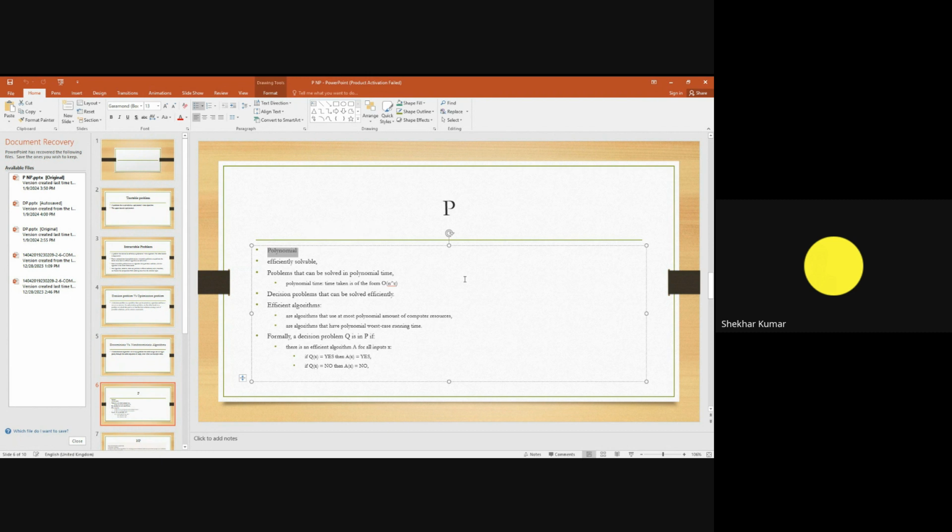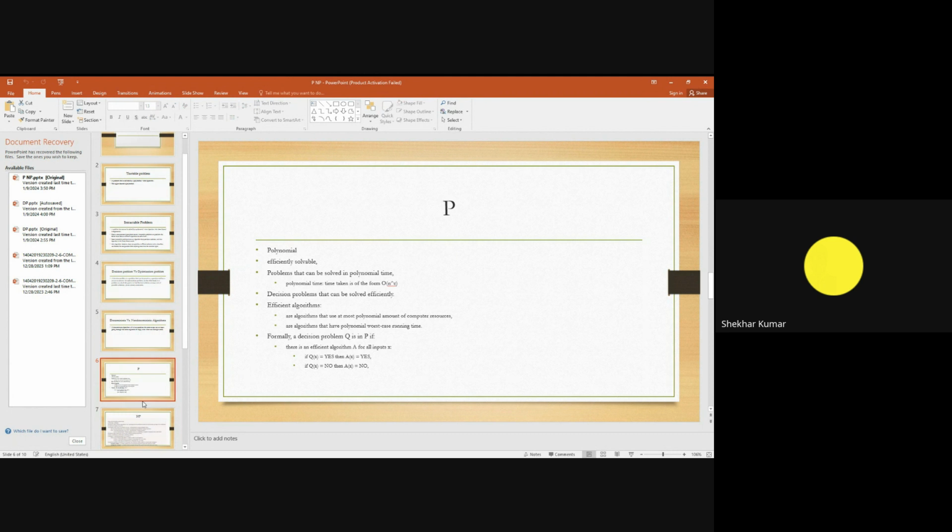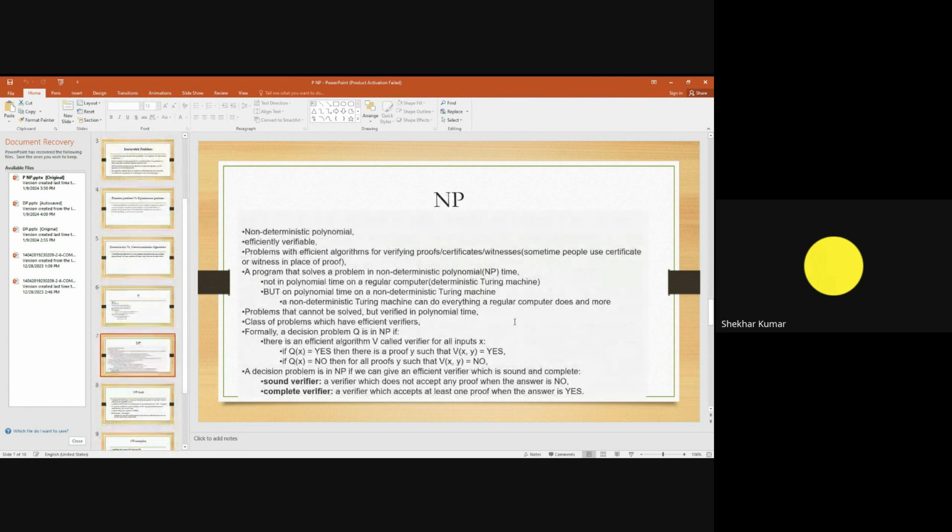Next is the NP problem, the non-deterministic polynomial problem. A problem that cannot be solved in polynomial time, but there is one constraint: it can be verified in polynomial time using some non-deterministic algorithm. Then it is known as an NP problem.